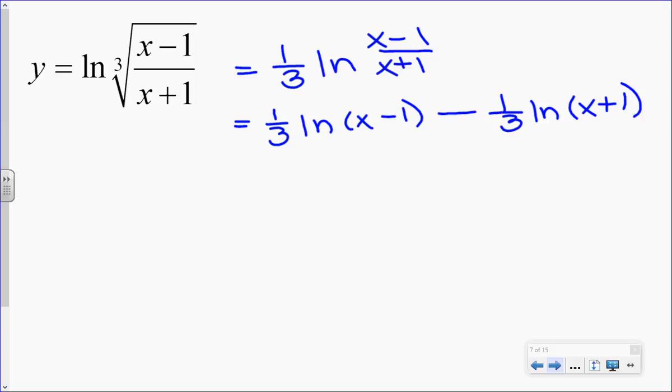Or would you rather just leave the 1/3 out front with parentheses. You like it like this? Okay. All right. You could do it either way. You could have 1/3 times that quantity of the subtraction, or you could have it like this. Doesn't matter. Okay?